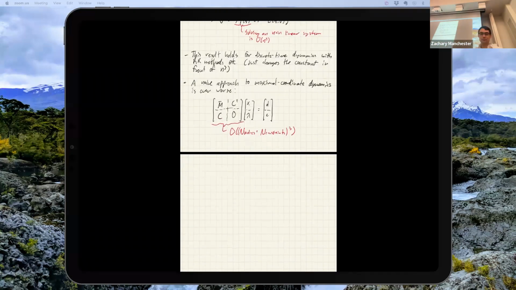But anyway, okay, so this is bad, right? They both have this cubic flavor in the number of bodies or degrees of freedom. And the overall message is that when we say fast algorithms, we basically mean anything that beats this n cubed complexity.